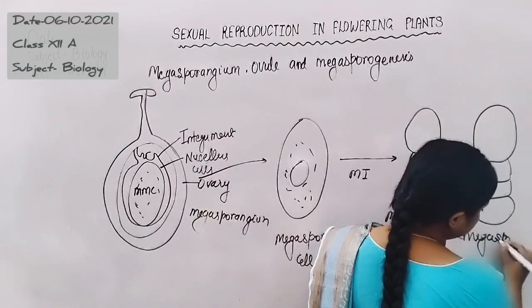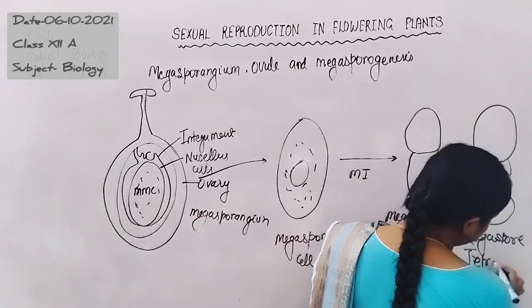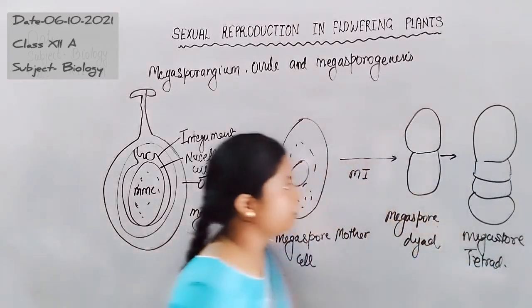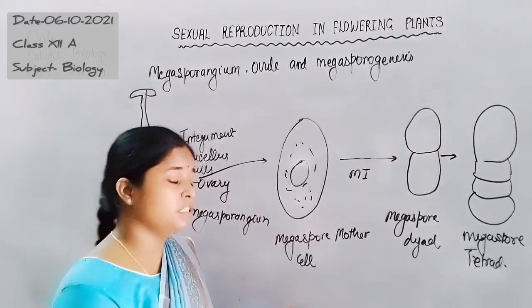The megaspore tetrad structure will form from the megaspore dyad structure.